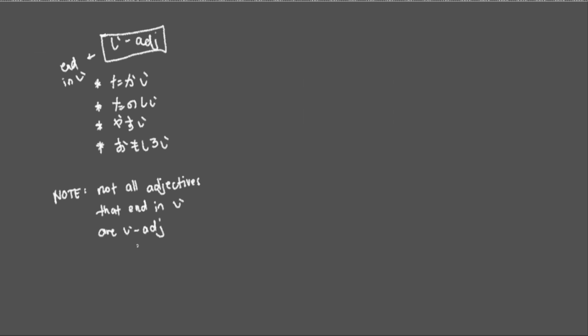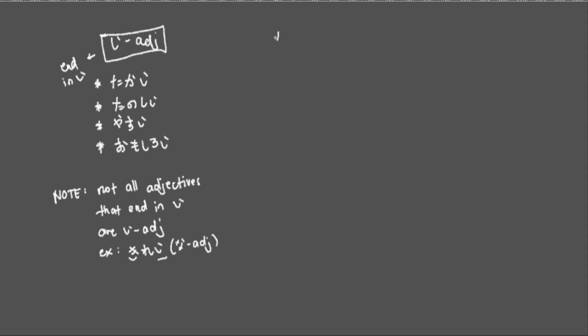For example, kirei. It ends with E, but is not an E adjective. This is a na adjective. But fundamentally, E adjectives are adjectives that inflect in a way that it ends in E.